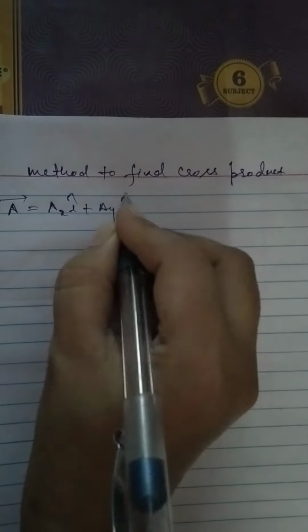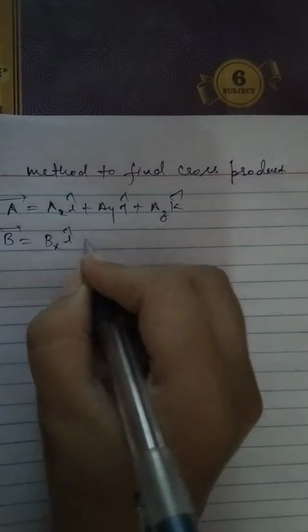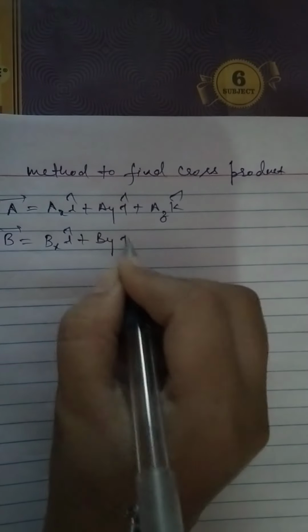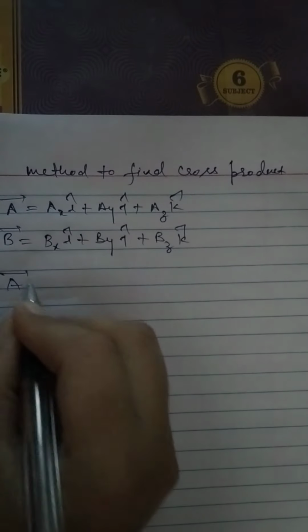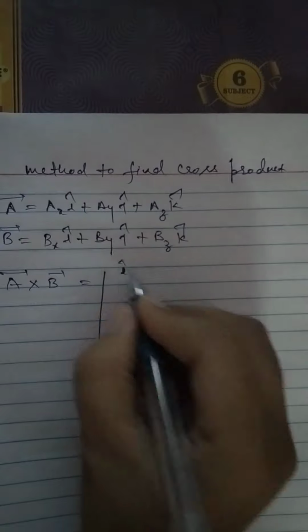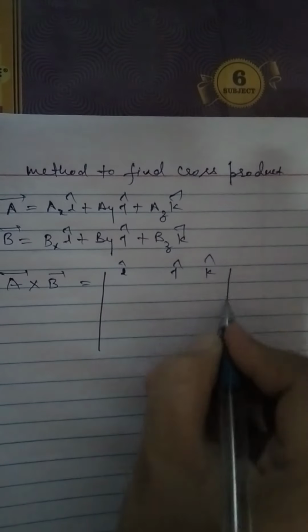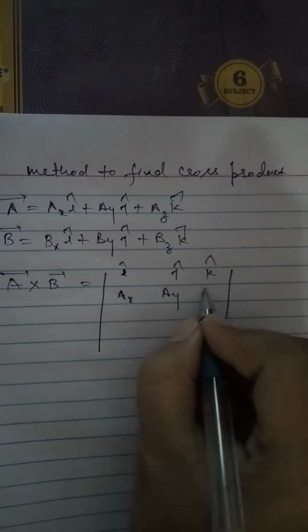See, if I want to write A as AX I cap plus AY j cap plus AZ k cap, and B is BX I cap plus BY j cap plus BZ k cap, and I want to calculate A cross B. तो आप पहले first you will make a determinant, put I cap, J cap, K cap here, and write the coordinates of A, AX, AY and AZ.